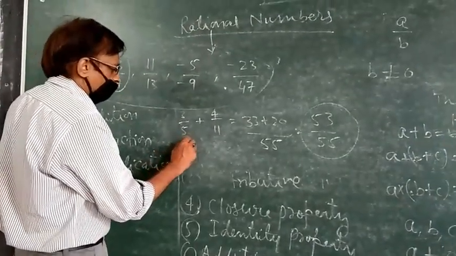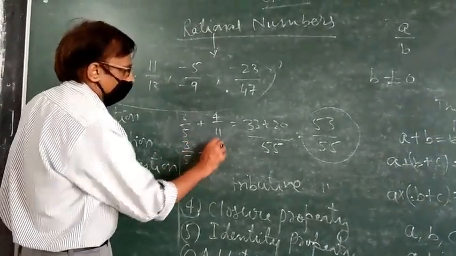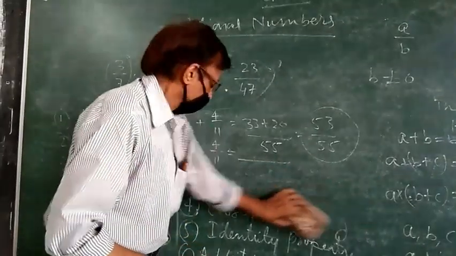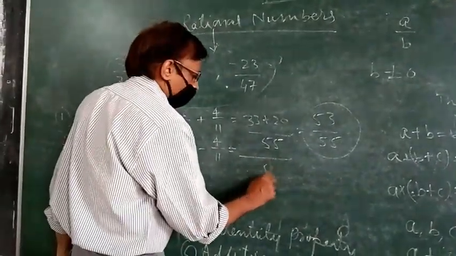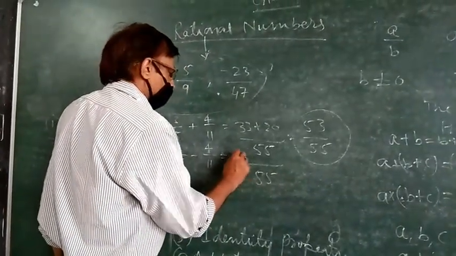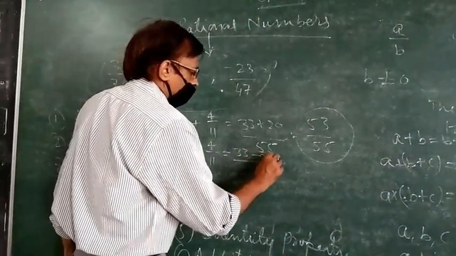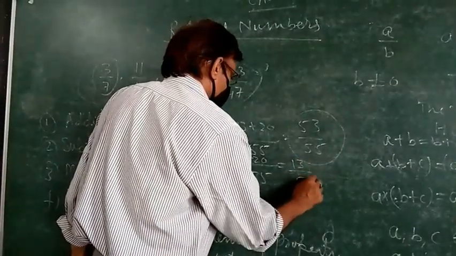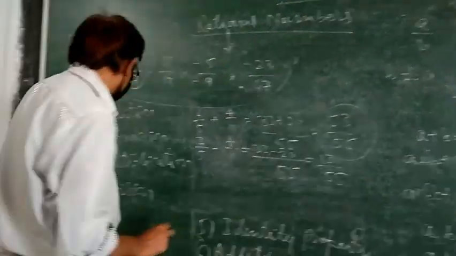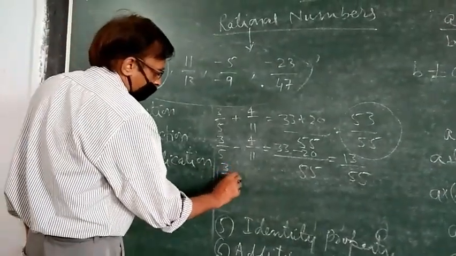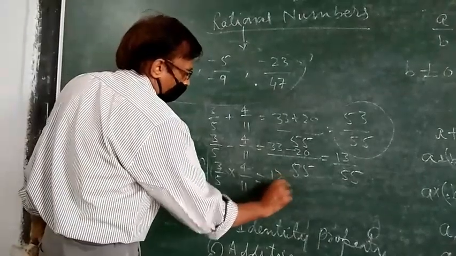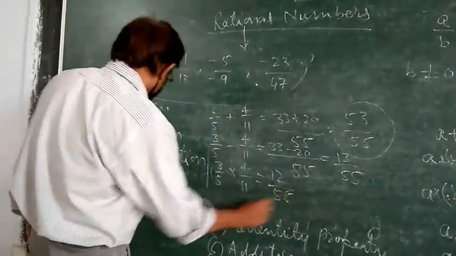In the same way, we can subtract them also. By taking LCM 55, we have 33 minus 20, which is equal to 13 upon 55. Multiply, we can multiply in this way: 12 upon 55.